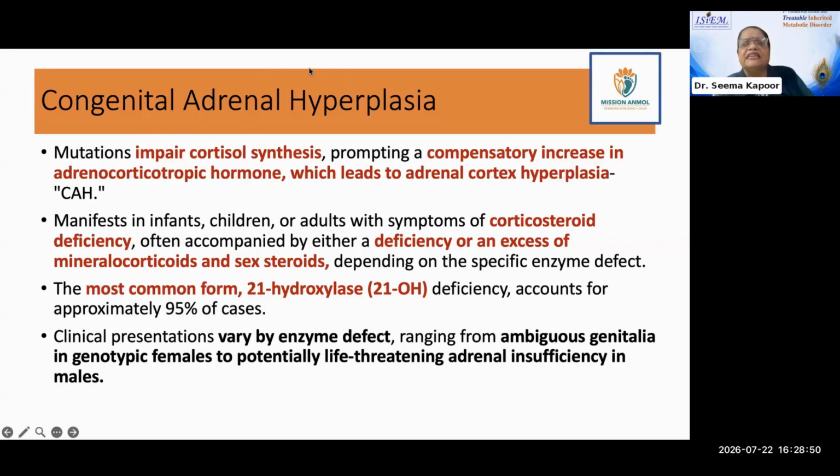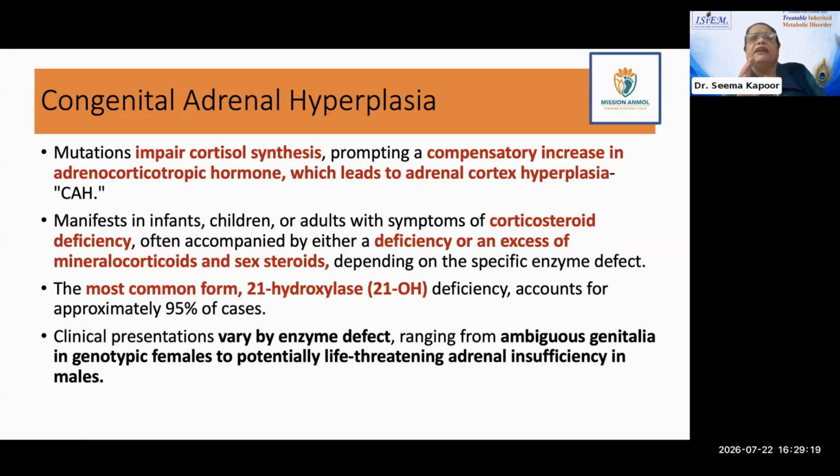Now, coming to the disease which is very, very difficult for a metabolic clinician or a physician, congenital adrenal hyperplasia. Now, why do we call it CAH? Because in CAH, the mutations impair cortisol. So, like TSH, when there is no cortisol production, feedback goes to the pituitary.